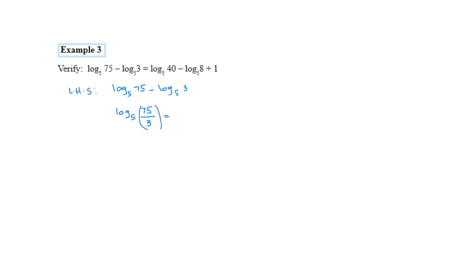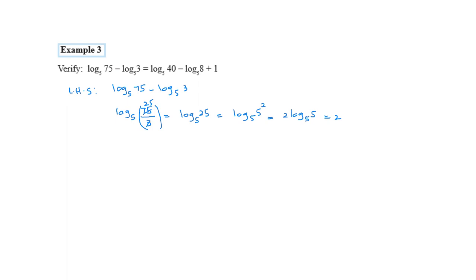So you have log base 5 of 25. Again we can write log base 5 of 5 squared, since 25 is 5 squared. By our logarithm third law, I take the 2 to the front, then 2 log base 5 of 5, which is equal to 2. Log base 5 of 5 is 1.